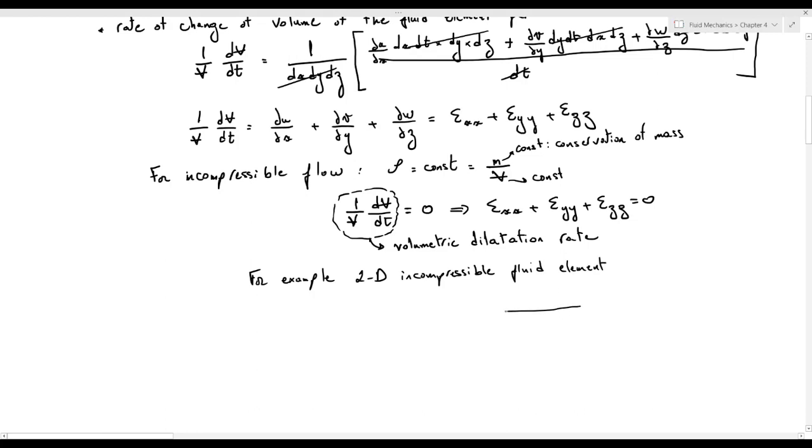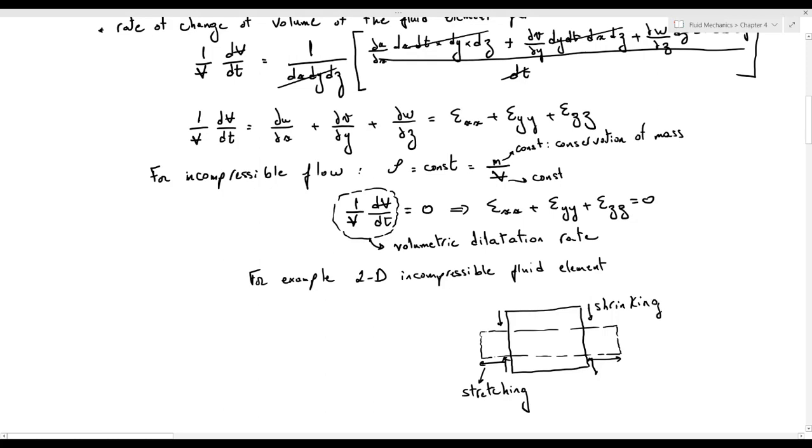In this case, we will have that epsilon xx plus epsilon yy should be equal to 0. Then, if this is the original volume of the fluid element, if the fluid element is stretched from one side, for example here, so we have stretching in the plus or minus x directions, it should shrink in the y direction in order to maintain the same volume.